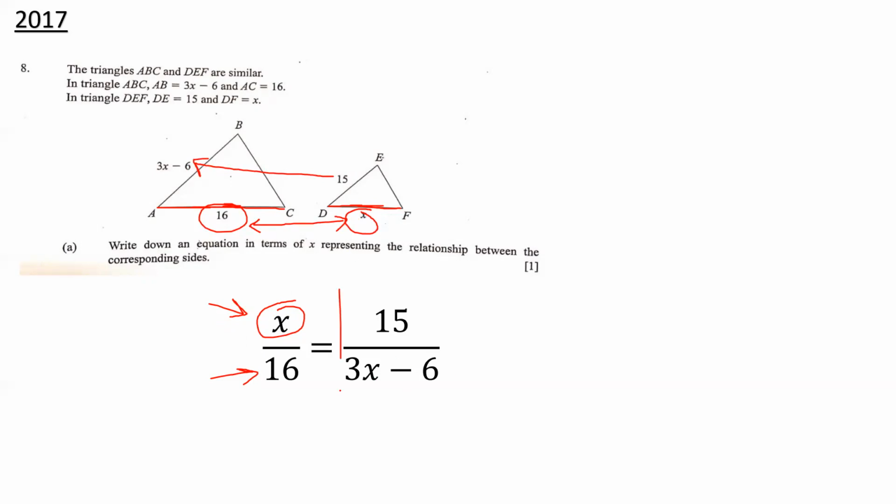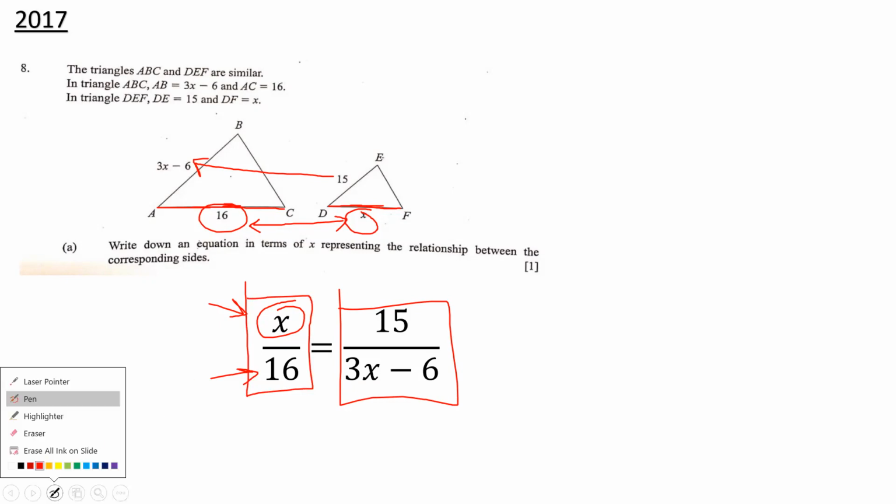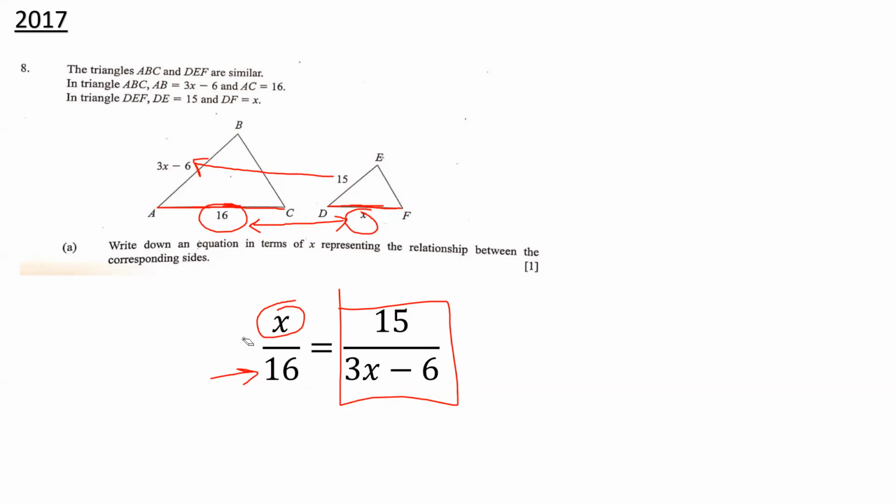So the ratio of these two sides must be equal to the ratio of these two sides, which is also what it means for two triangles to be similar. So just make a note of that. Again, the ratio of x and 16 is equal to the ratio of 15 and 3x minus 6. So that's the equation.